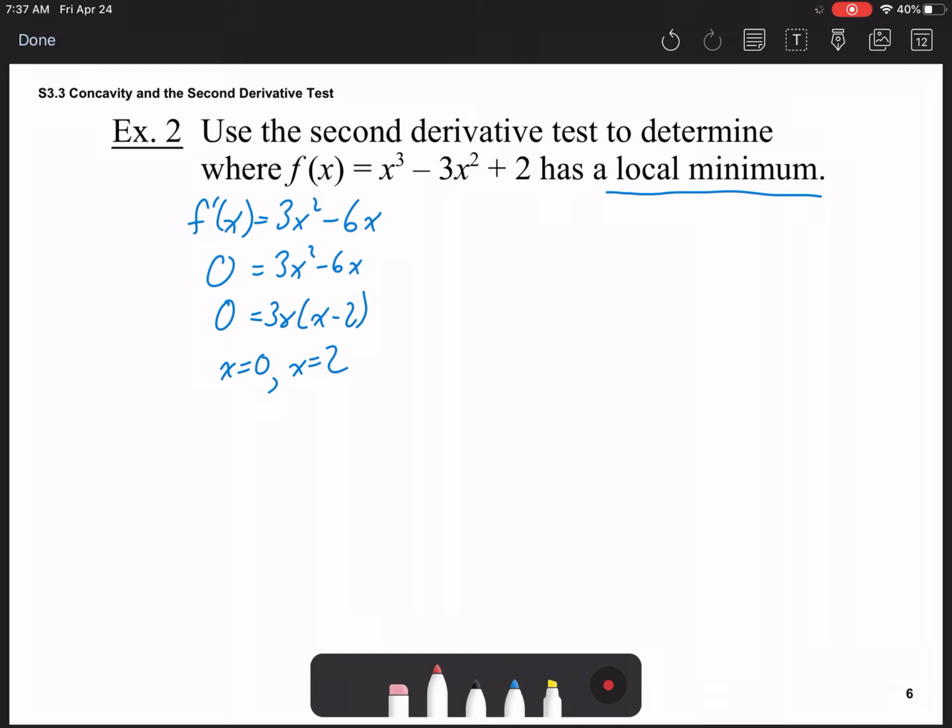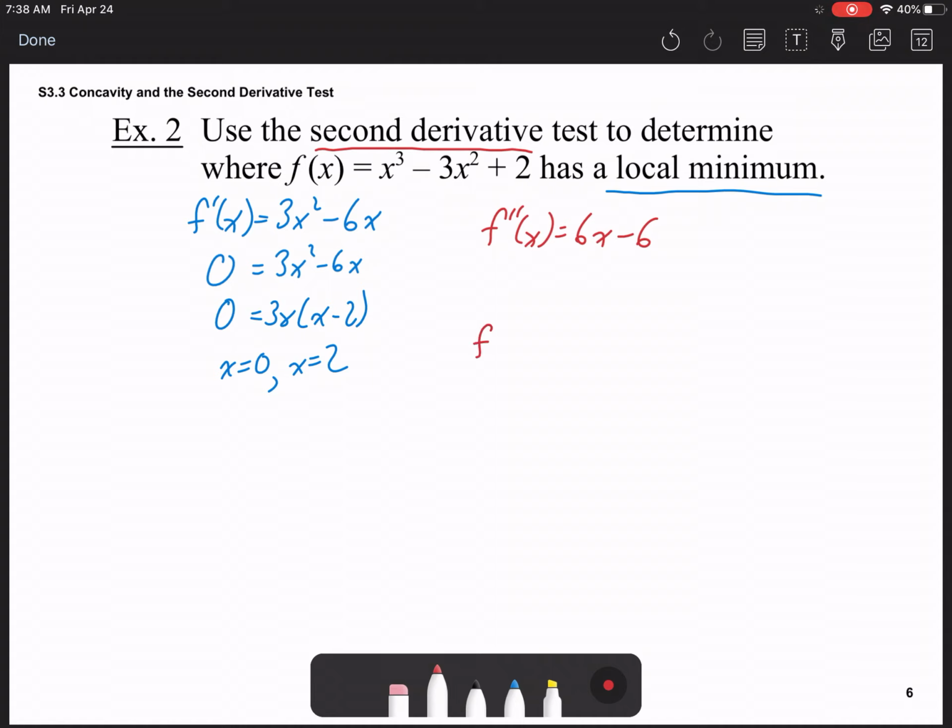So one of these two values is where it is a local minimum. Well, in order to find that out using the second derivative test, I need my second derivative. So my second derivative is 6x minus 6. Okay, I'm going to substitute 0 in for this. That's the value of -6, and substitute 2 in.